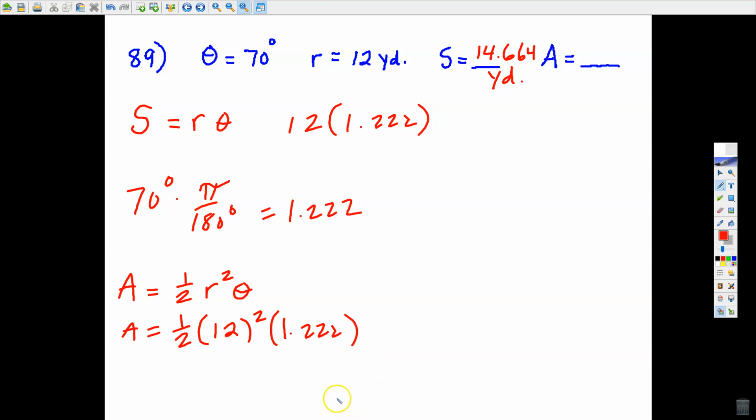So go to your calculator and plug it in. 87.984. And since that's area, that's going to be in square yards. Okay, questions? Questions so far?